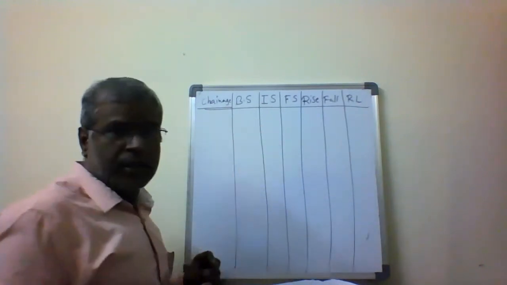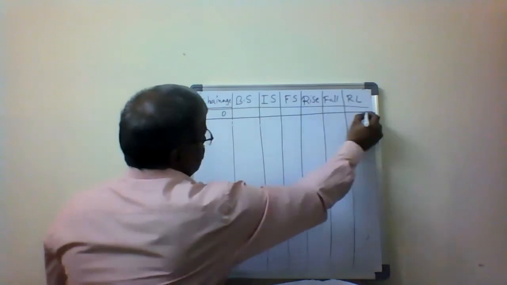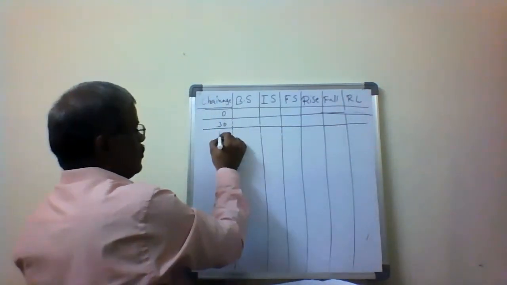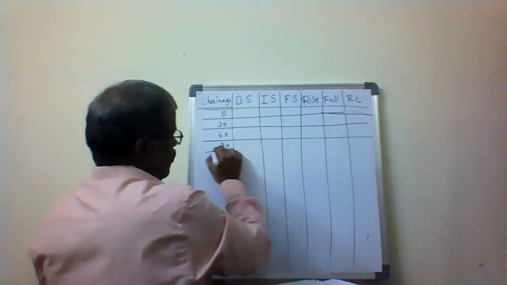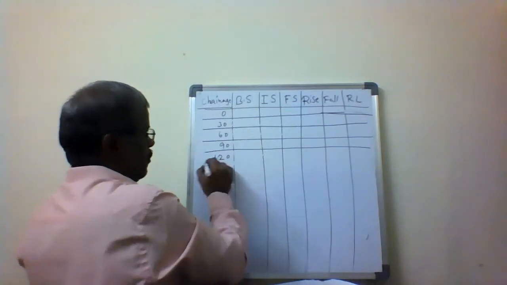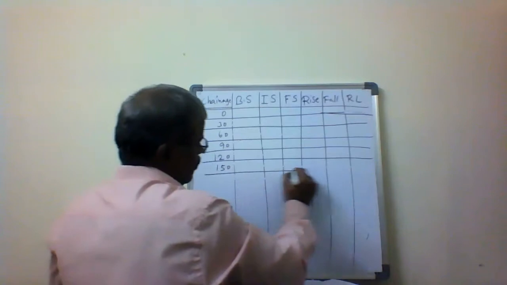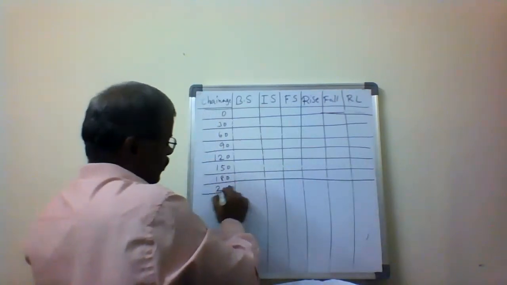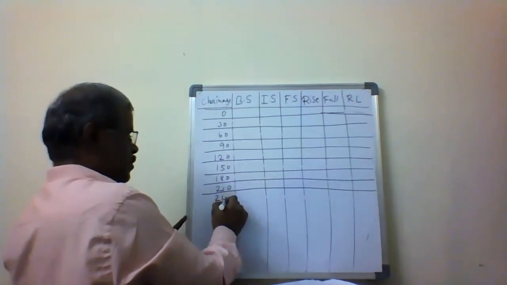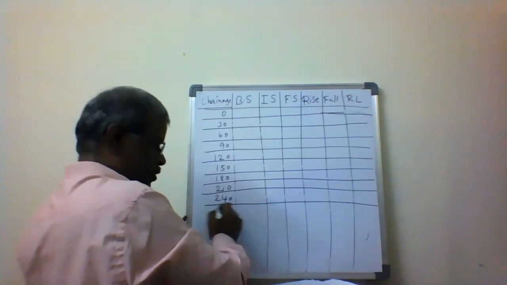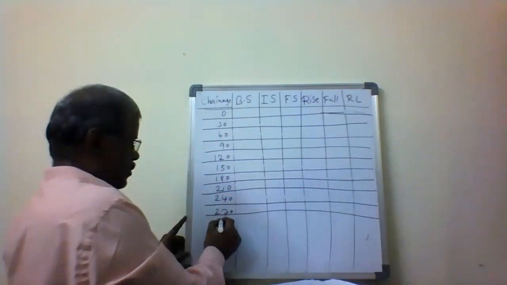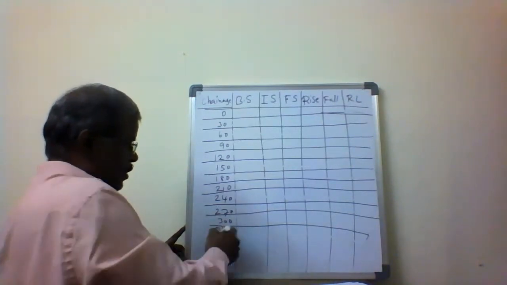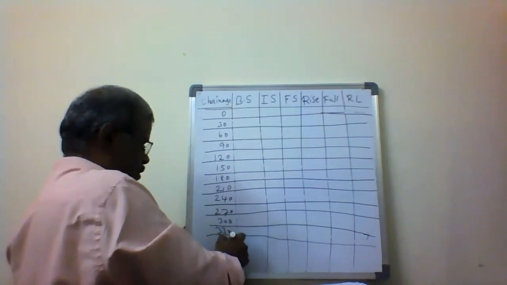So the chainage is given at 30-meter intervals: 0, 30, 60, 90, 120, 150, 180, 210, 240, 270, 300, 330, and 360.